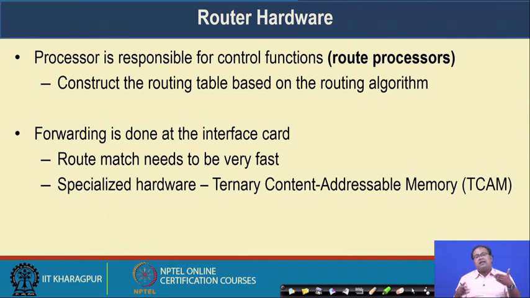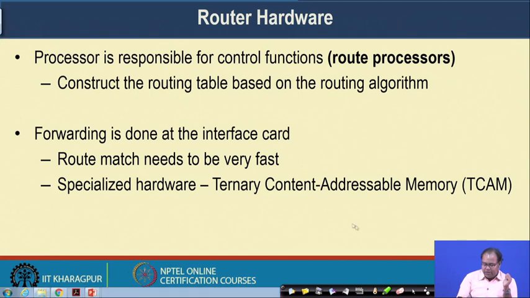In the network interface card, the data plane functionalities, that means matching with the routing table, finding the next hop and sending the packet to the next hop, are done with the help of specialized hardware called ternary content addressable memory, or TCAM.